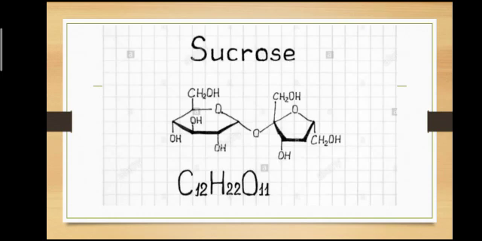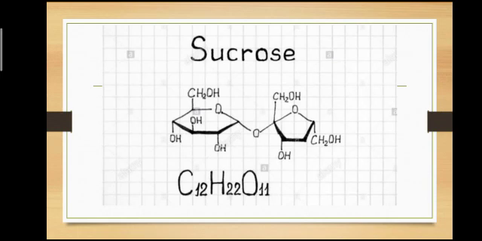Come to the next example, sucrose molecule. The formula is C12H22O11. The ratio is 12:22:11. Just think, is there any common number to divide? 12 and 22 can be divided by 2, but 11 we can't. 11 and 22 we can divide by 11, but 12 we can't.